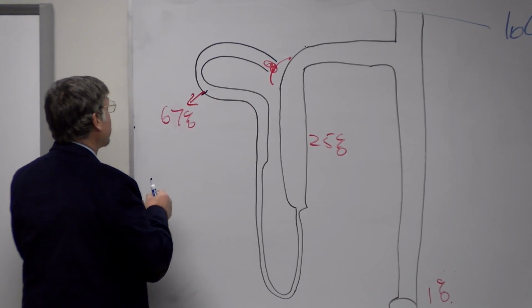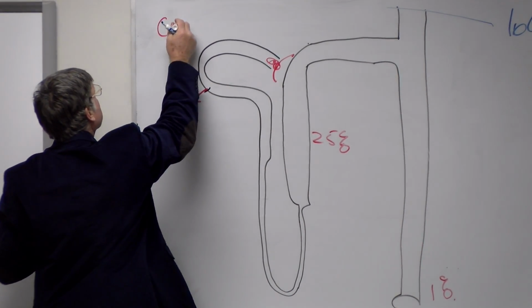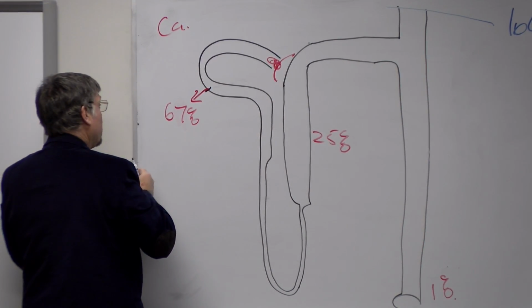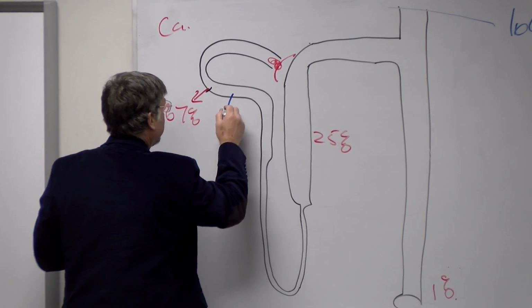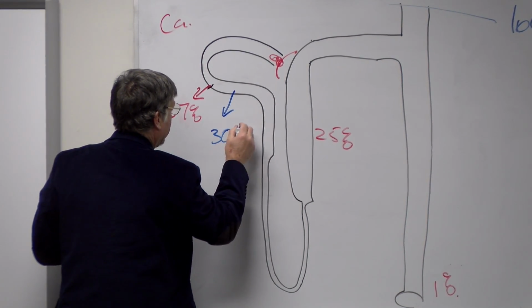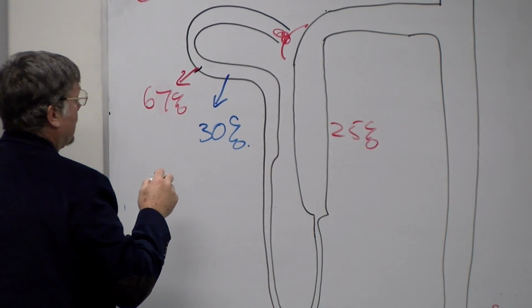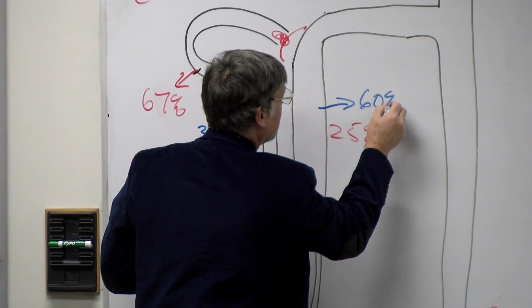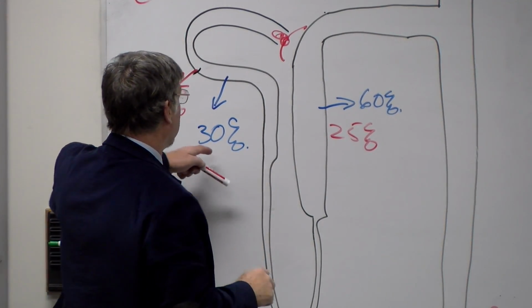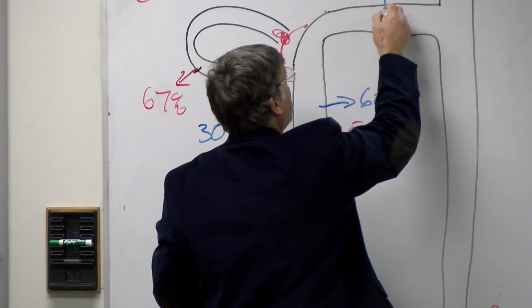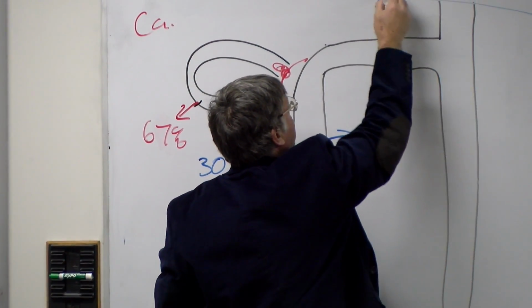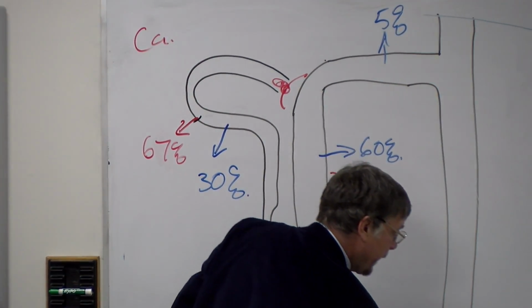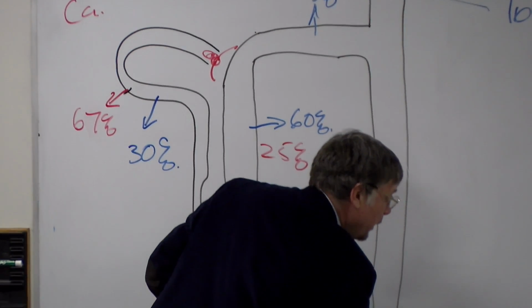So red is calcium. Magnesium, I think about 30% here, about 60% here. What have we got? 90. Probably about another 5% here, and probably 5% excreted.